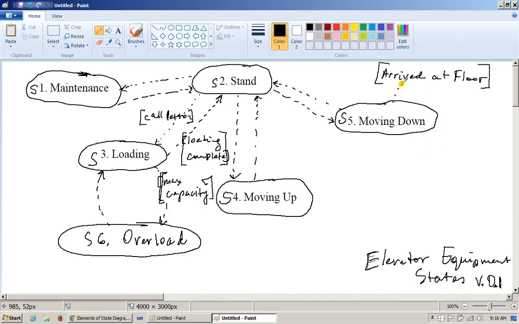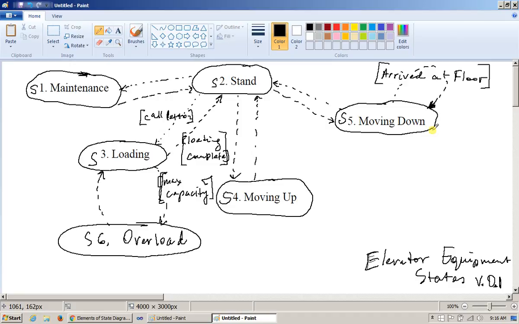So if we say arrived at a certain floor, its transition may end up right back, right? So we really don't transition too far from that same state. We do arrive at a certain floor, but keep moving because that floor is not on our request list, right?